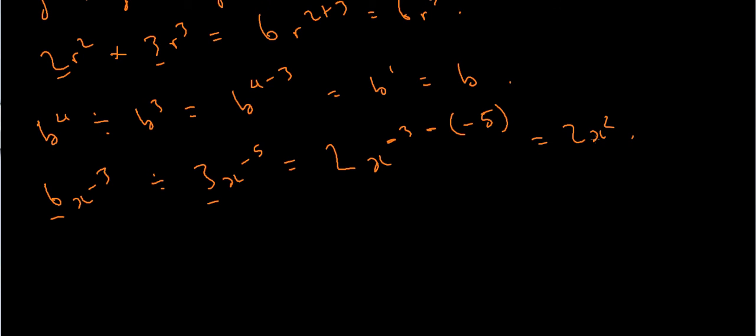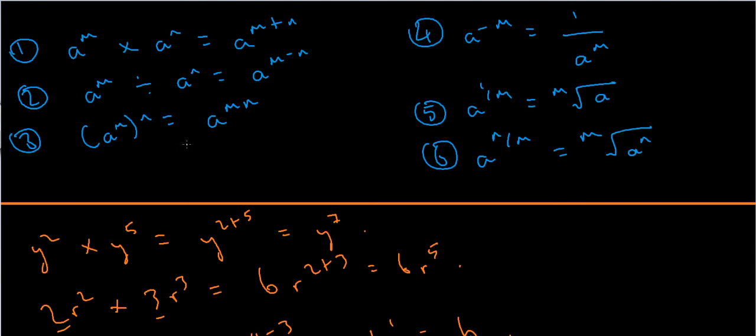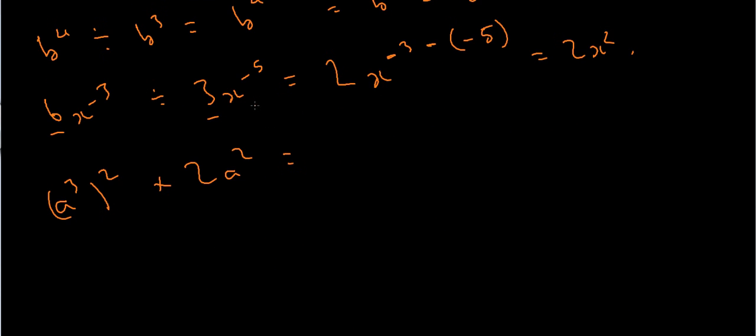Okay, let's have two more examples. So let's now try to simplify a cubed all squared times 2a squared. So on this occasion, we've got to use the third rule, which says that if we've got something in brackets to the nth power and then raise all of that to another power, we've got to multiply together the indices. So what is this?